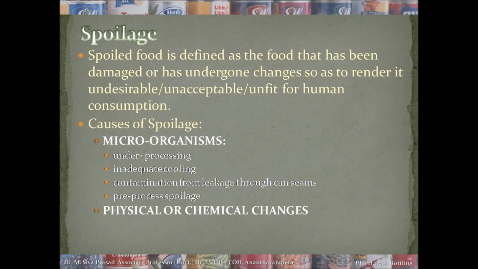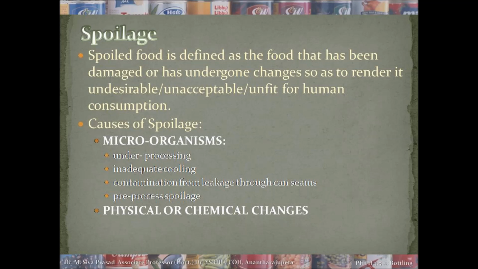It may be spoiled because of a microorganism, or due to physical or chemical changes that occur during the processing, during storage, or during handling. During the course of canning or bottling, these various reasons are responsible for the spoilage of canned foods.